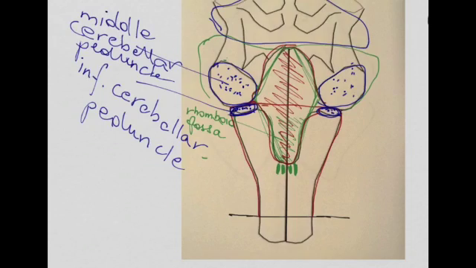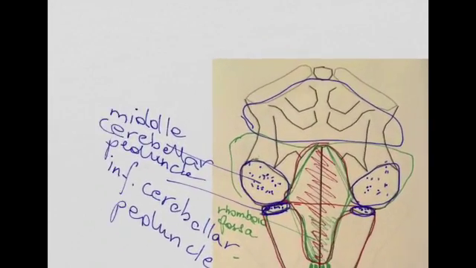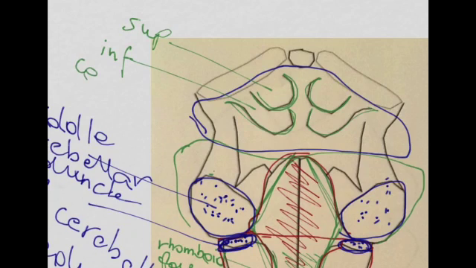Going up to the midbrain, we should see two very obvious pairs of structures. These are called the superior and inferior colliculi.